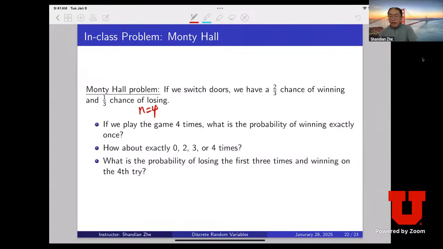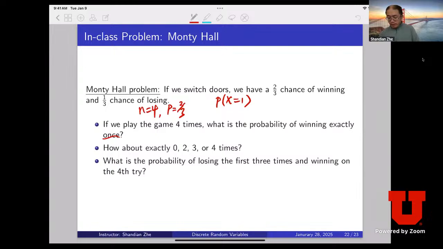And because our decision is always switching the gate, your probability of success is always 2/3. So if we want to know the probability of winning exactly once, that's just asking for the probability of x equals 1.